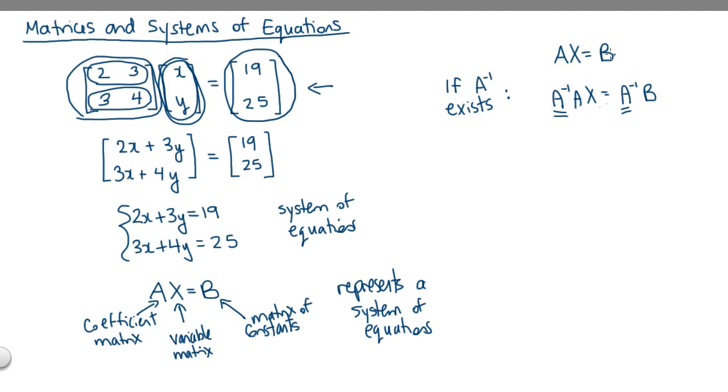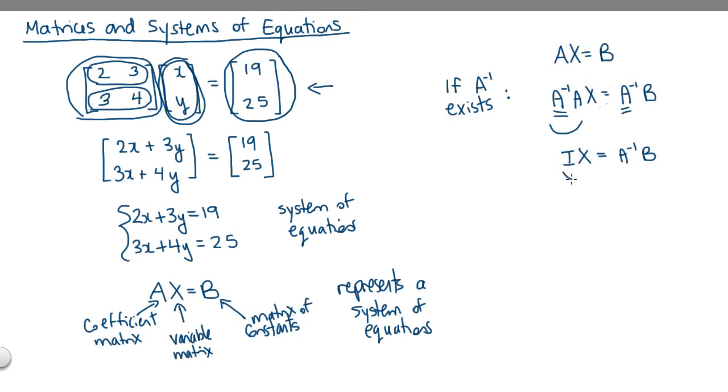If AX was equal to B, then A inverse times AX is going to equal A inverse times B. And remember that A inverse is the matrix that undoes A. So when we multiply A inverse times A, we are getting the identity matrix. In other words, the identity matrix times X is equal to A inverse times B.